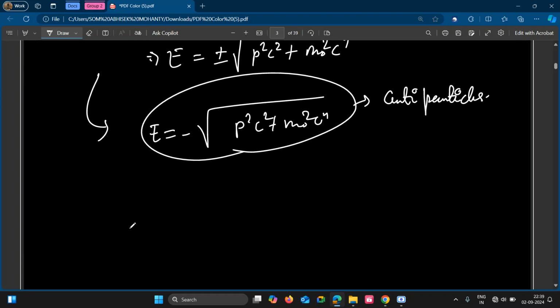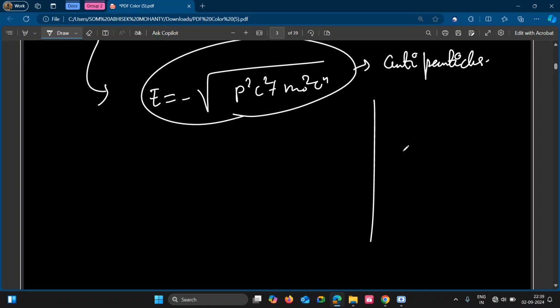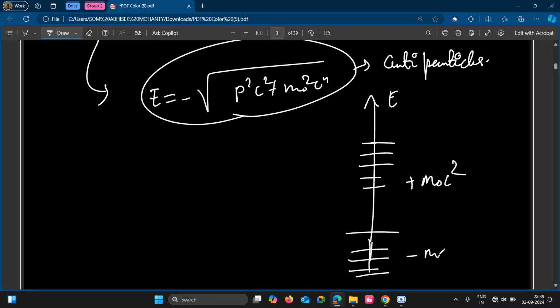If I draw the energy spectrum of the plane Klein-Gordon equation, this is E, with a positive m naught c square and the lower part simply a negative m naught c square.